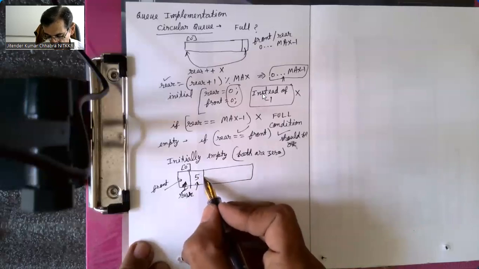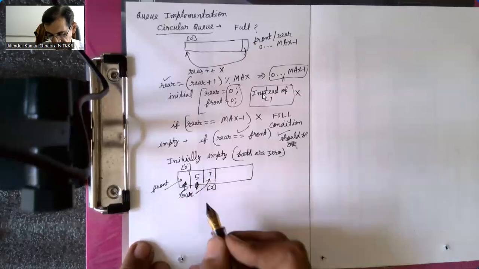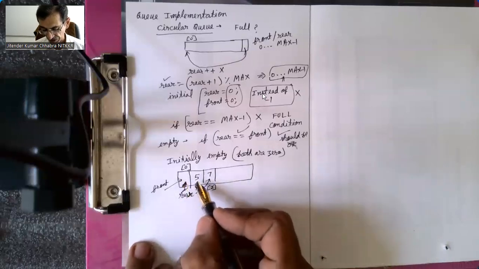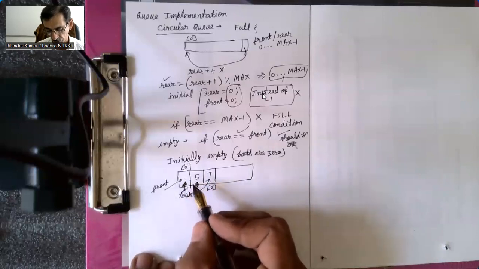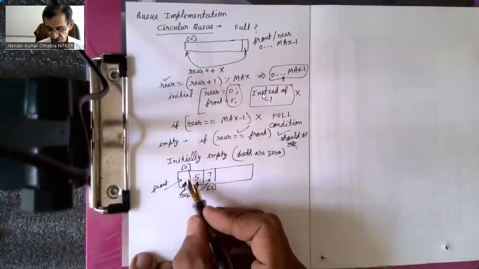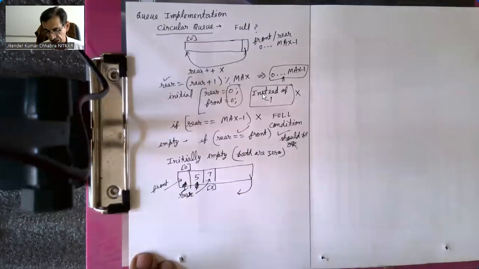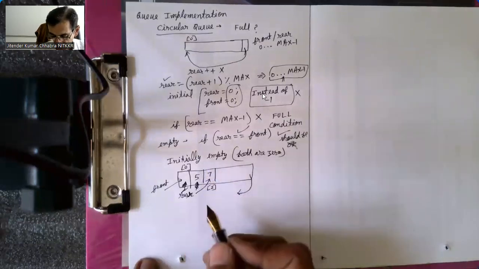Then let's assume you insert something again, and rear changes. So my rear is now at index 2 and front is at index 0. Notice that the first insertion happens from index 1 onwards, because rear is initially 0 but we always increment rear before insertion. So it doesn't matter. Of course, after circulation, this location will also get utilized. So no matter where we start, it is okay.